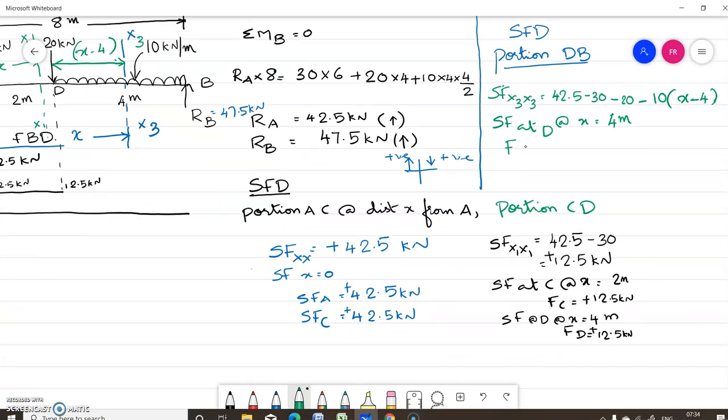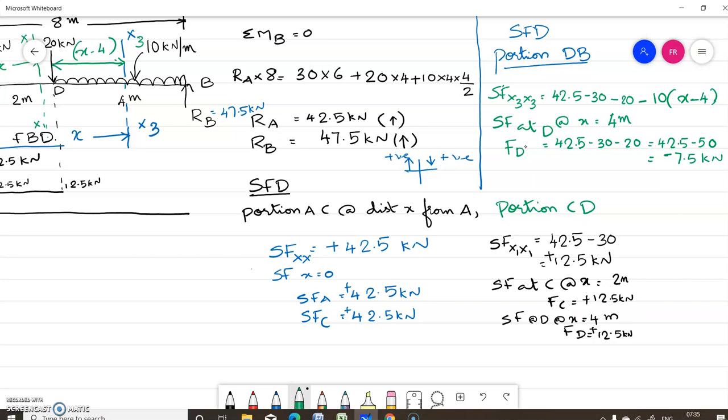At x equal to 4 meter, the shear force at D is equal to 42.5 minus 30 minus 20 minus 10 into 0. So this is equal to 42.5 minus 50, which is equal to minus 7.5 kilonewton.